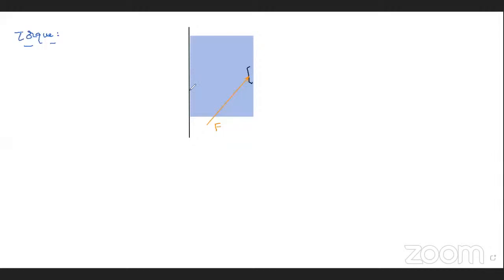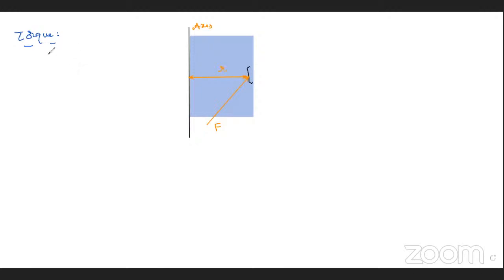And here, this is the axis. From the axis, at what perpendicular distance do you apply the force? Actually, this is the distance where the handle is fixed from the axis. This is, suppose, R.